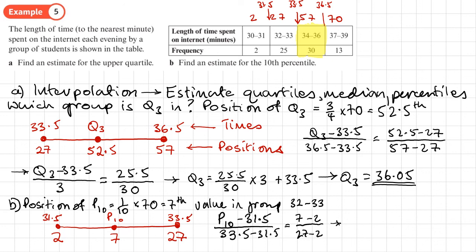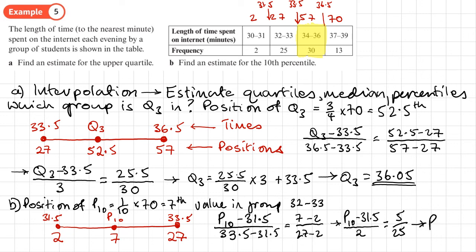So if we work that out, we'll have P10 minus 31.5 over a gap of 2 equals 7 minus 2, which is 5, over 27 minus 2, which is 25.